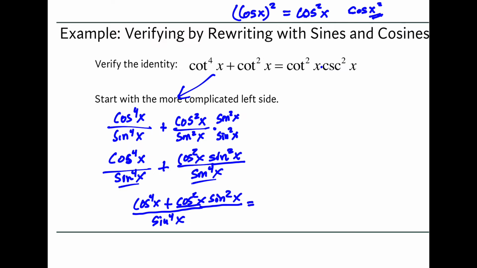So one other thing I might do is to factor that out. If I factor that out, that gives me cosine squared x times cosine squared x plus sine squared x. I took out the cosine squareds from each side of that plus, which gave us this, and this is still over sine to the fourth x.